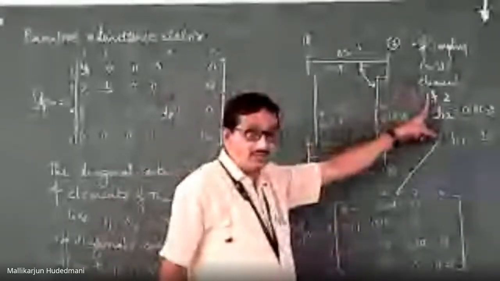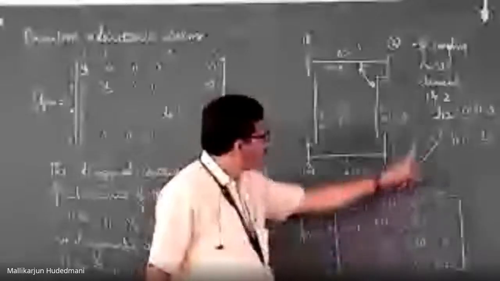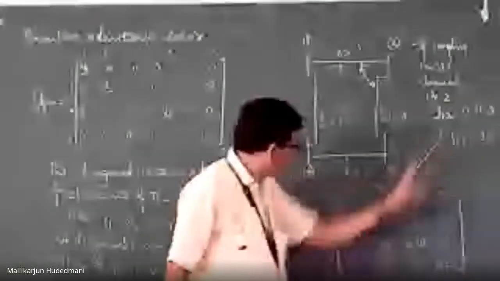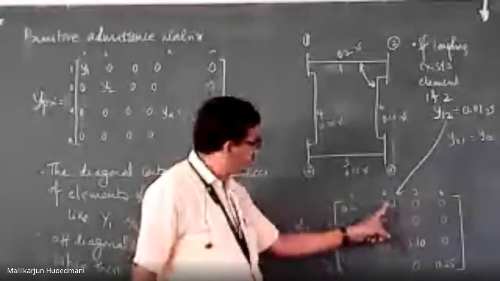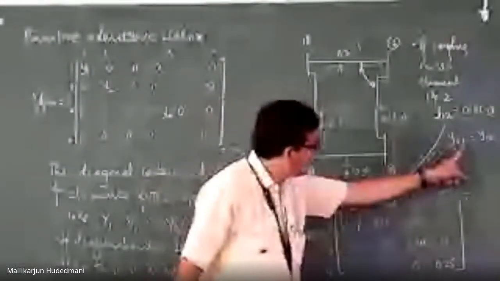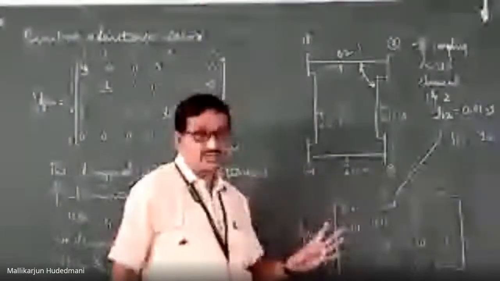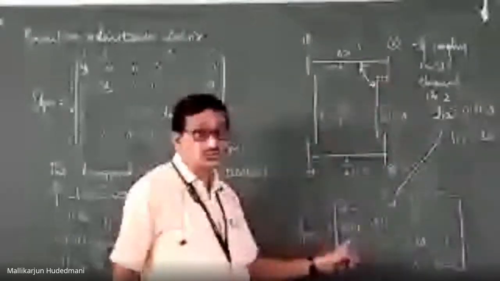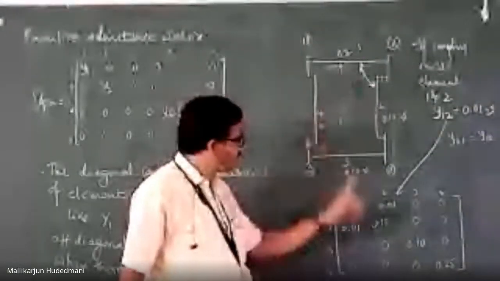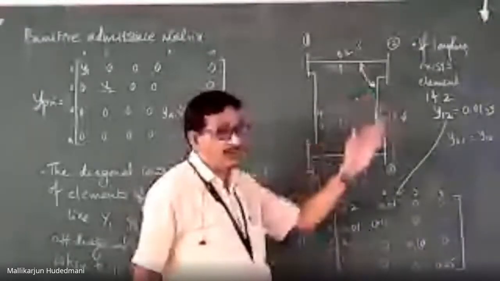So I have taken a case: let there be a coupling between 1 and 2, then at 1 cross 2 I am going to tamper with the 0.01 value. Similarly, Y21 I am going to tamper. Now this is represented as elemental mutual coupling put in this matrix. This is called the actual representation. You cannot say there exists a mutual coupling between only one line.